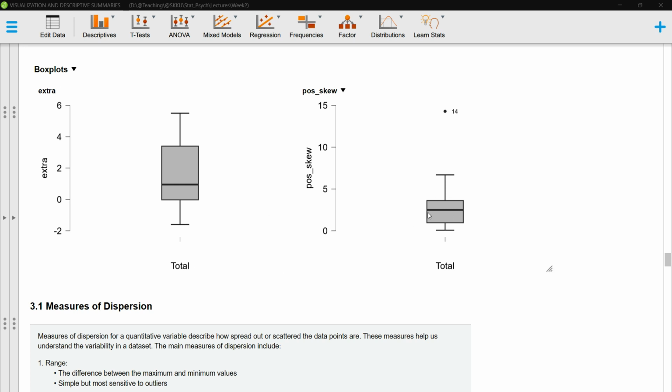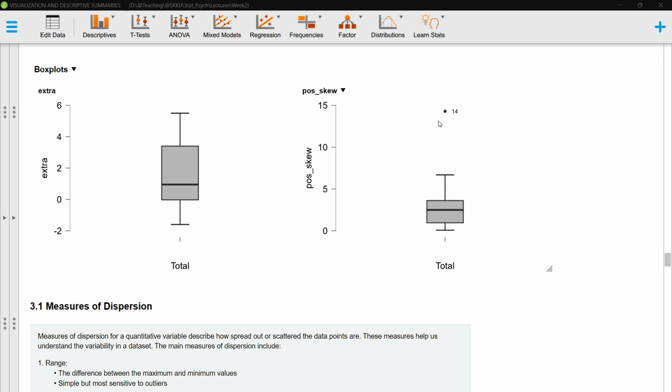But in the case of the right-hand side, this is the size of the IQR, and 1.5 times IQR is about this amount, right? And this value is outside that boundary. So that's the reason we call this an outlier.